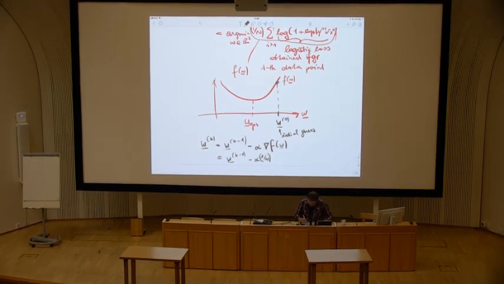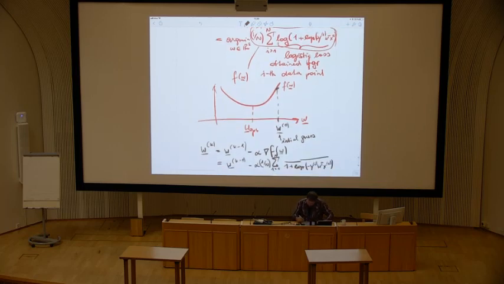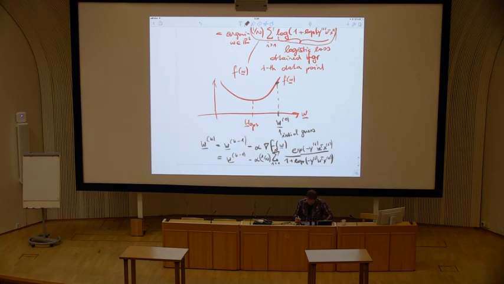So this you can work out using the matrix cookbook, for example. So it's again a sum. And then the outer derivative, 1 plus e to the power of minus y_i w^T x_i, times the inner derivative, which is e to the power of minus y_i w^T x_i, times minus y_i.